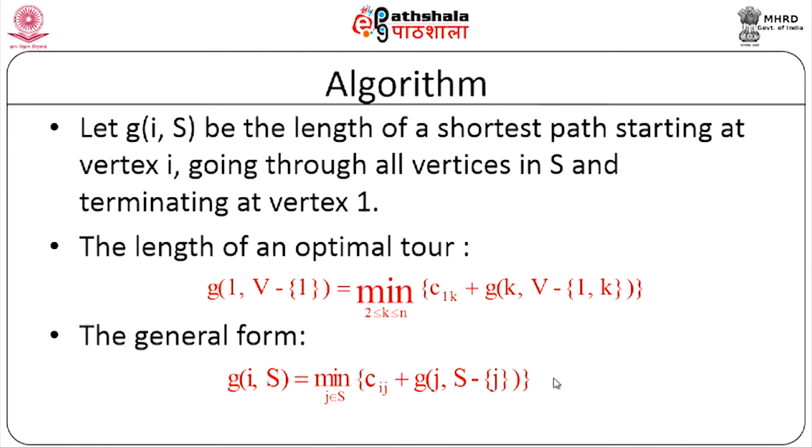We have to find all the paths from the source vertex, then we are going to store that into the table, then we are going to increase the set and we are going to recompute the length of the optimal tour involving the length that we have already obtained.